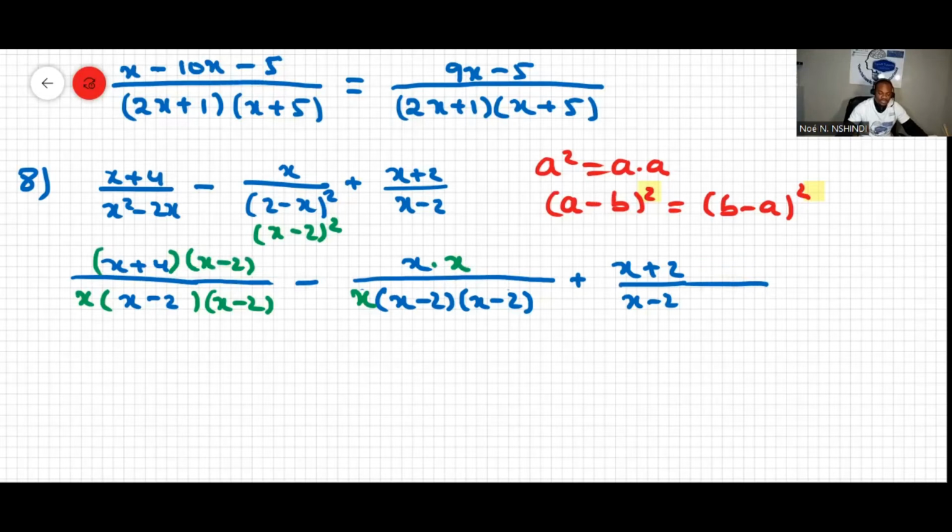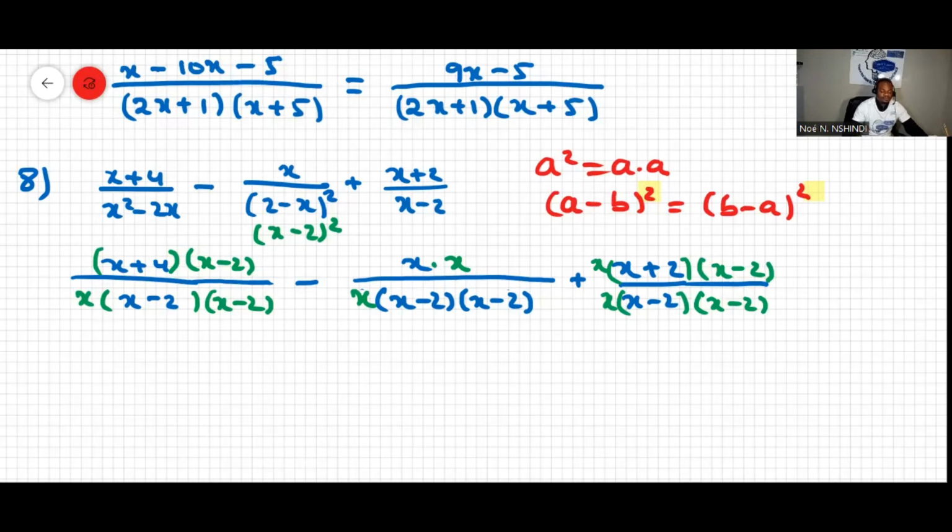Over here I will times by x, I'll times also by x minus 2. Okay, and then there I times by x, and then also by x minus 2. Okay, now that the denominator is common, let's first simplify the numerator.